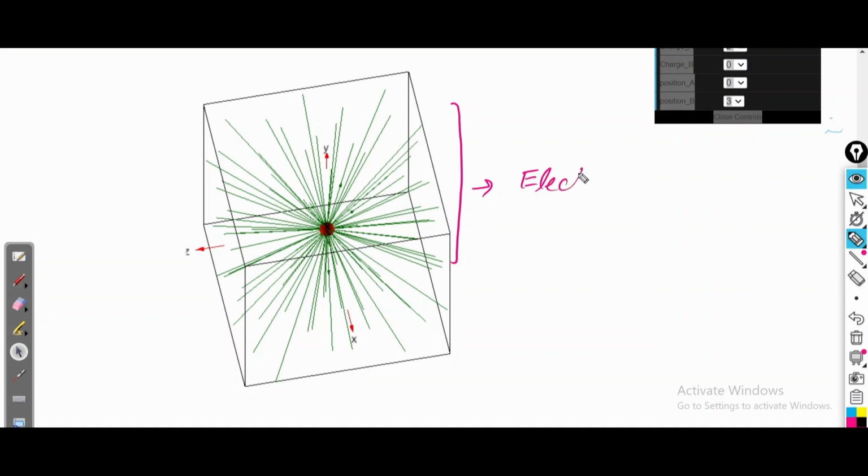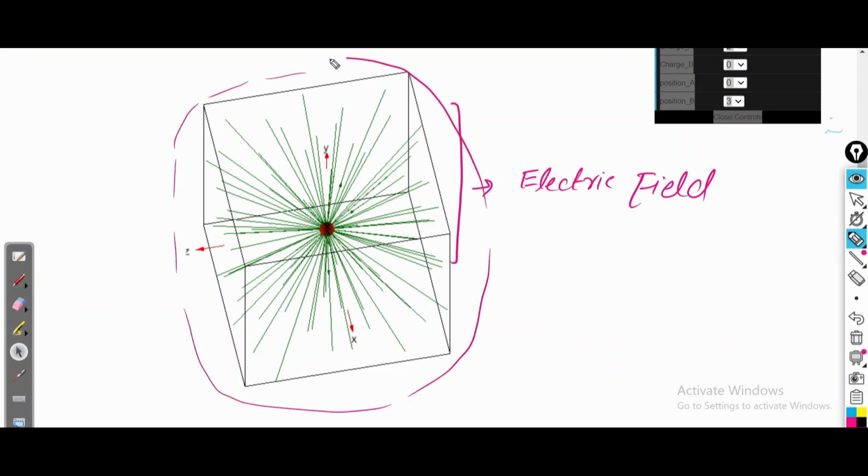Electric field is actually the region around a charged body up to which the effect of that charge is present. So the effect of this charge is present up to this region, and this region is called electric field.